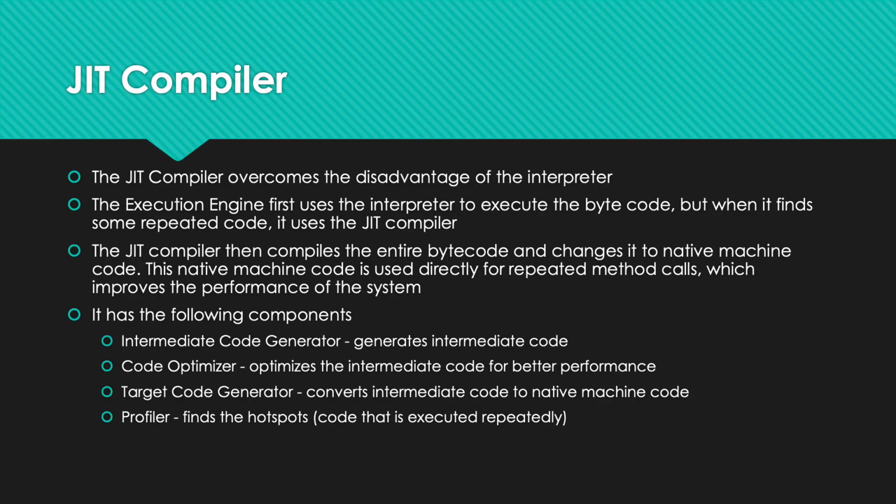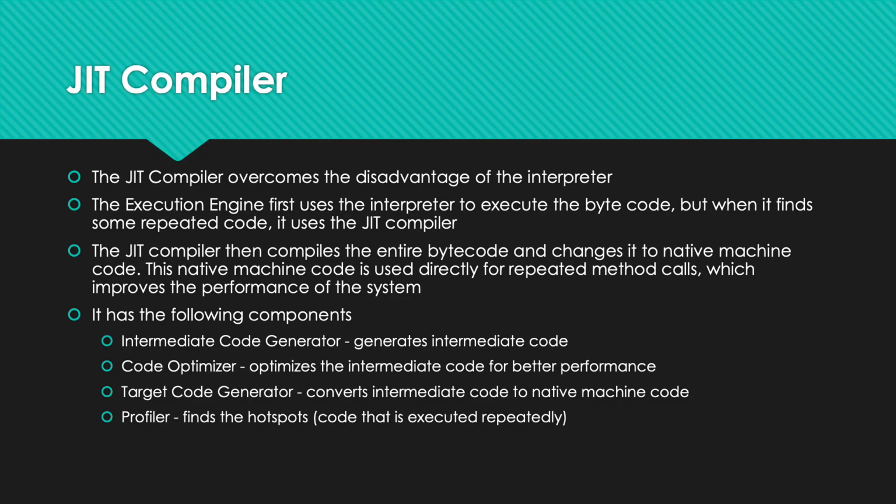So the JIT compiler compiles the entire bytecode for repeated code and changes it into native machine code, right? In that case, it improves the performance, so it doesn't have to do the same thing again for the repeated code blocks. And if you look at the JIT compiler, it has 4 different components in turn.